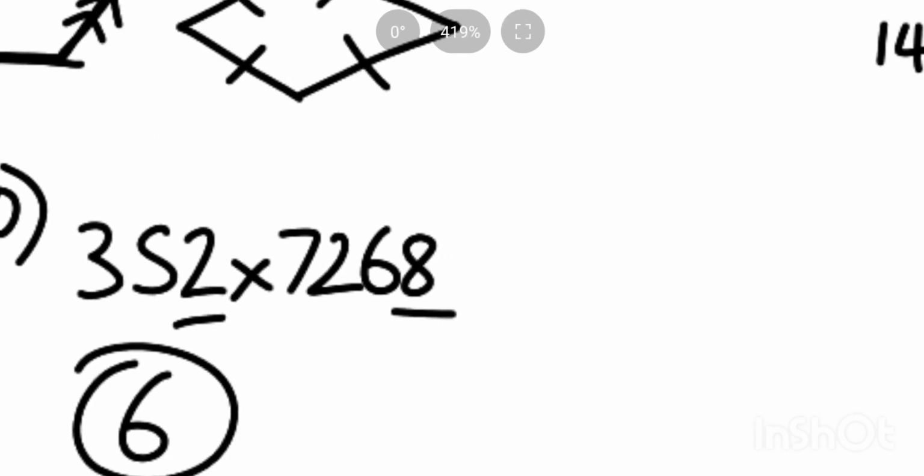Question 11. Complete the diagram so that it has rotational symmetry of order 4 and the center of rotation at point A. So the diagram looks like this. This is point A and there's the triangle.